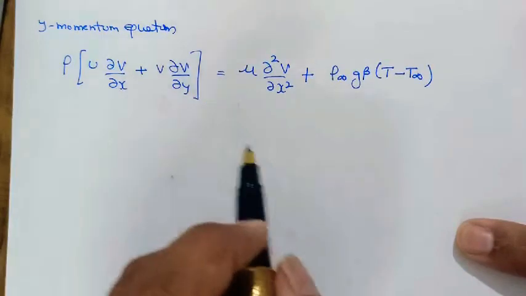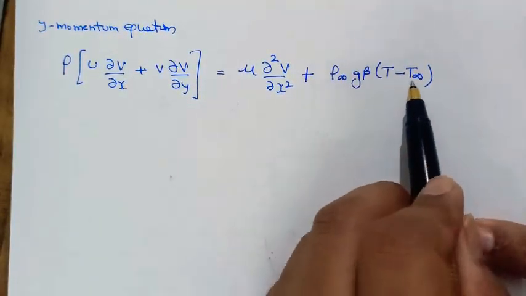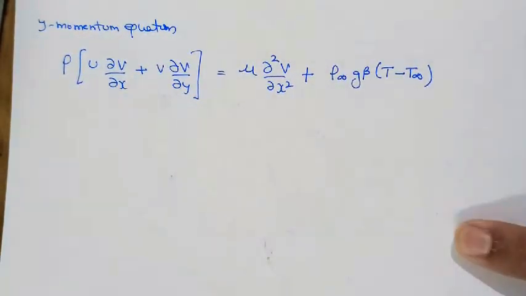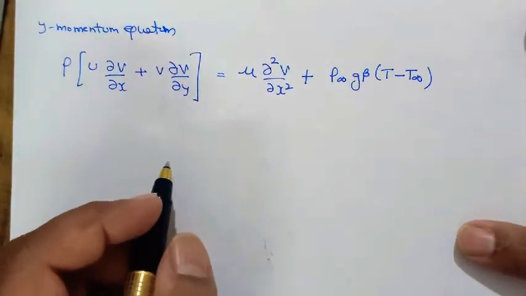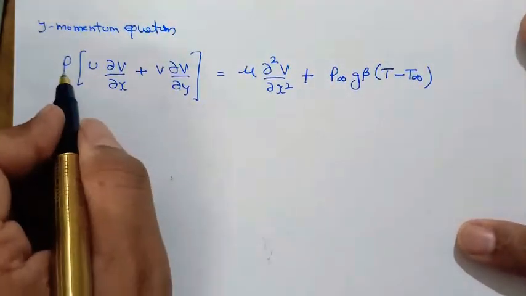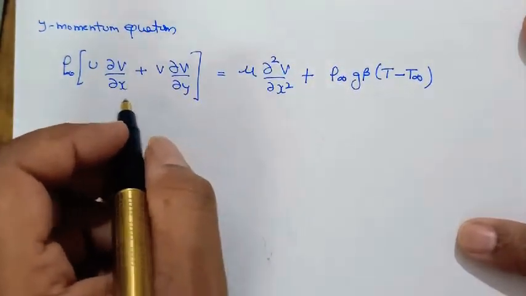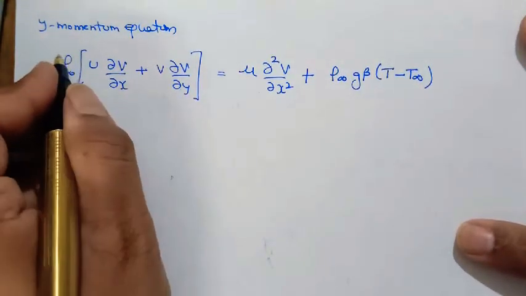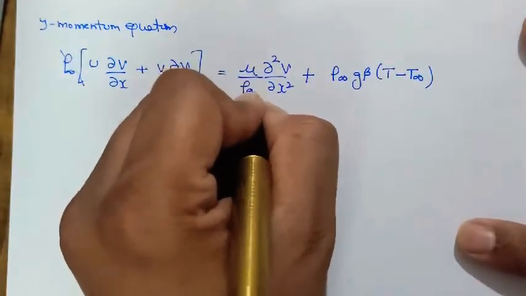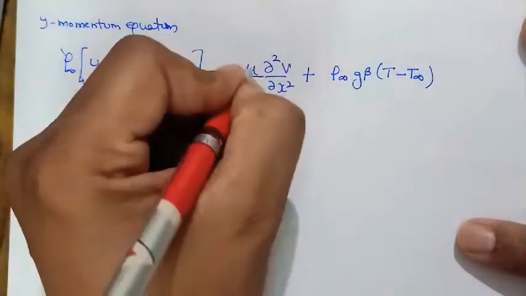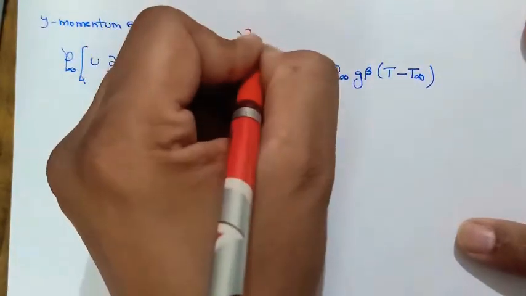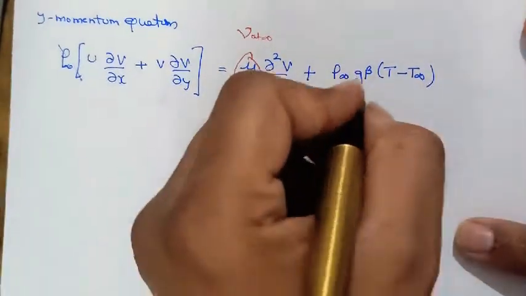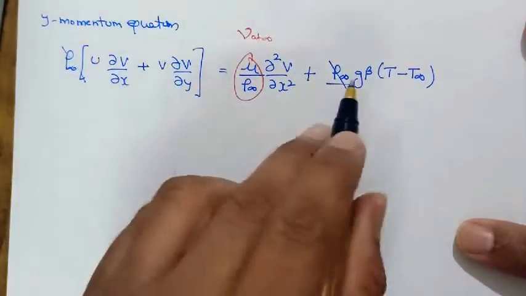And if you see that we have incorporated this delta T instead of density difference, we are now focused on the temperature difference, right? And if I take this rho down, let us take this as rho infinity, so this will cancel out. This can be written as mu at infinity, right? So this will cancel out and I am left with this.